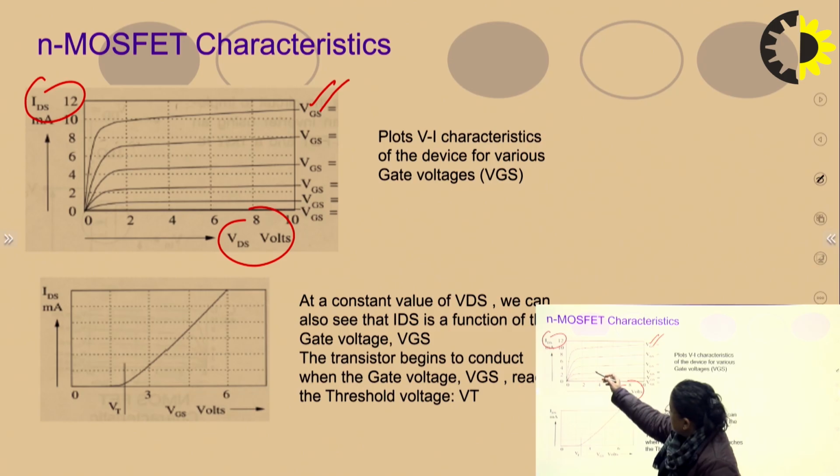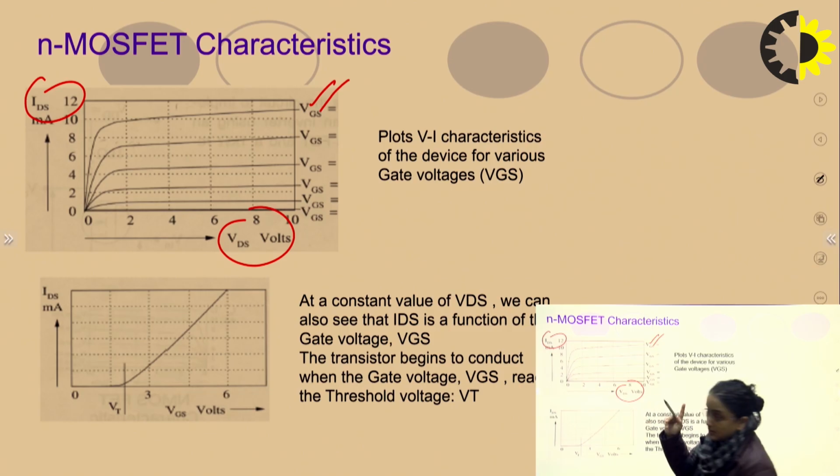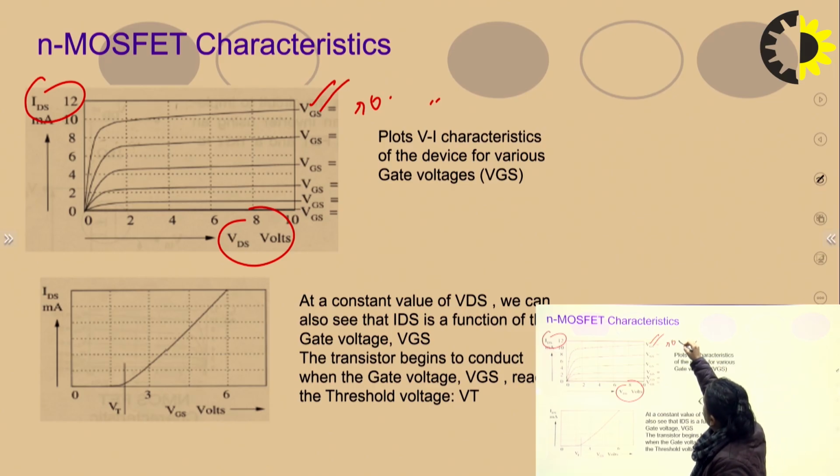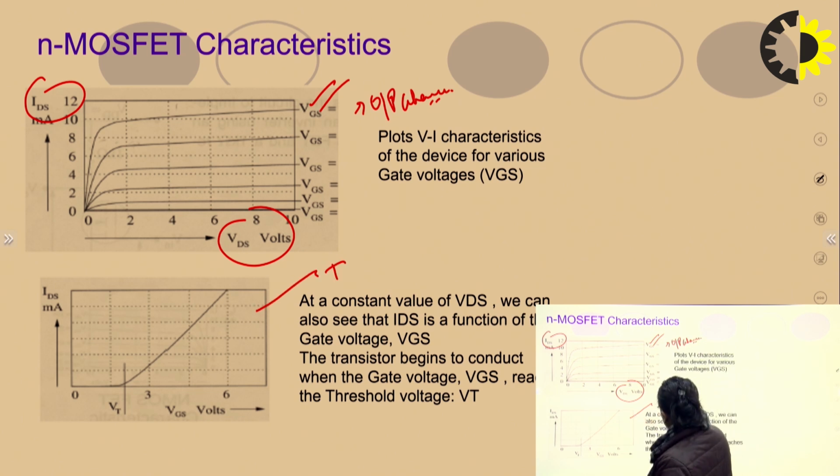So I have mistaken, this is the output characteristics, and this is your input characteristic.